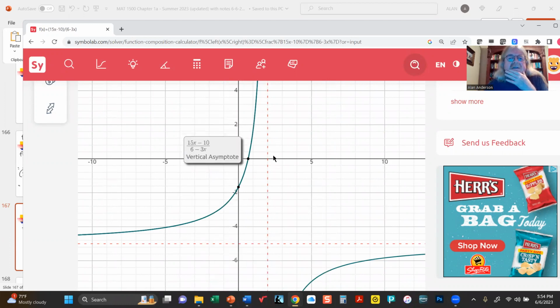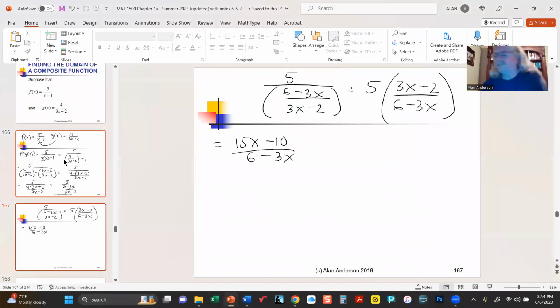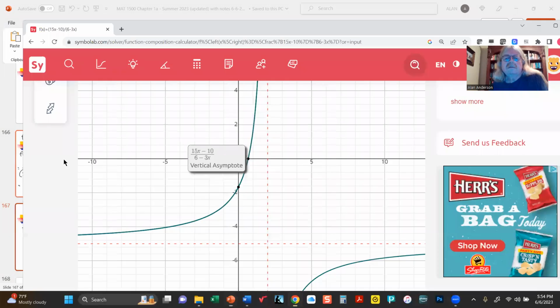On the vertical axis, this would be 2, because then you'll get division by 0. The range is everything except, it turns out, -5.